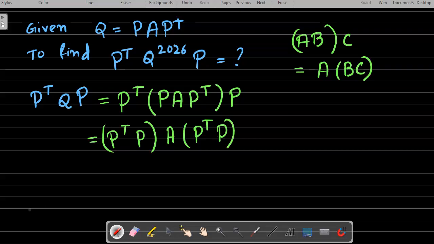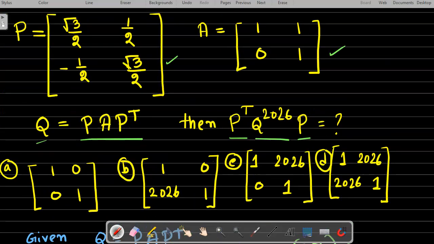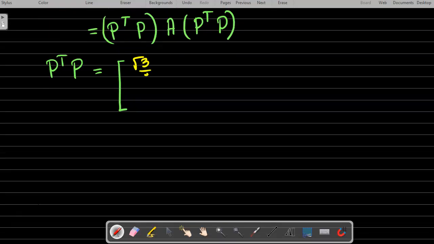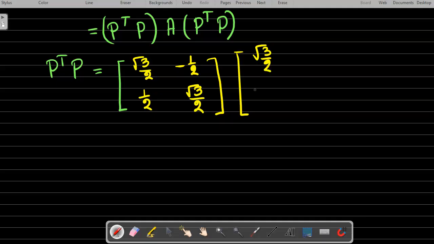So now let's see what is P transpose P. We have P equal to this. So what is P transpose? P transpose is root 3 by 2, then half will come here, minus half will go there, and here root 3 by 2. And P is root 3 by 2, minus half, half, root 3 by 2.